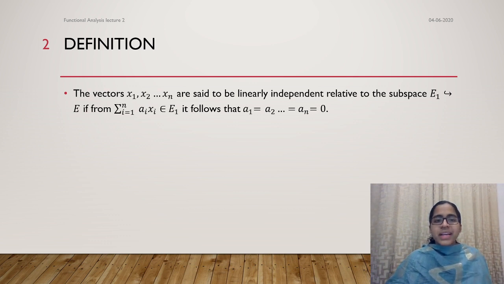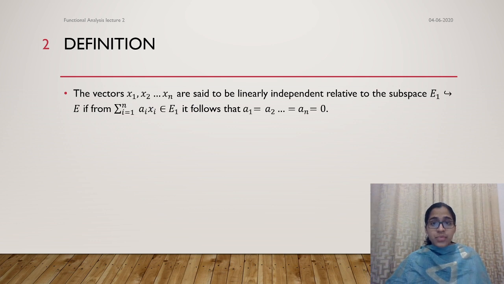The vectors x1, x2, etc., xn are said to be linearly independent relative to the subspace E1 of the linear space E if whenever summation i equal to 1 to n ai xi is an element of E1, then it follows that a1 equal to a2 equal to etc., an must be equal to 0.